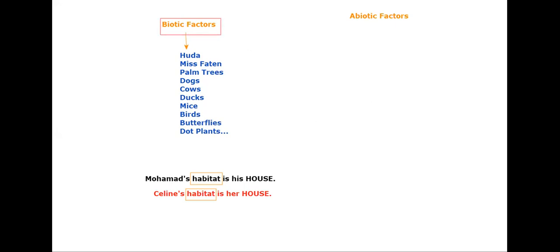What are examples of non-biotic factors? Non-living things. The sun. Water, air, soil, wall, house.